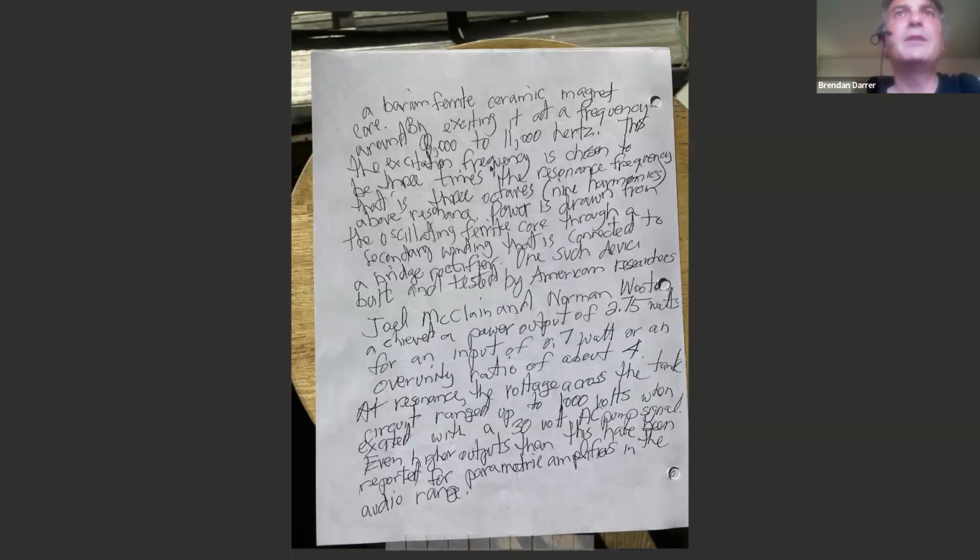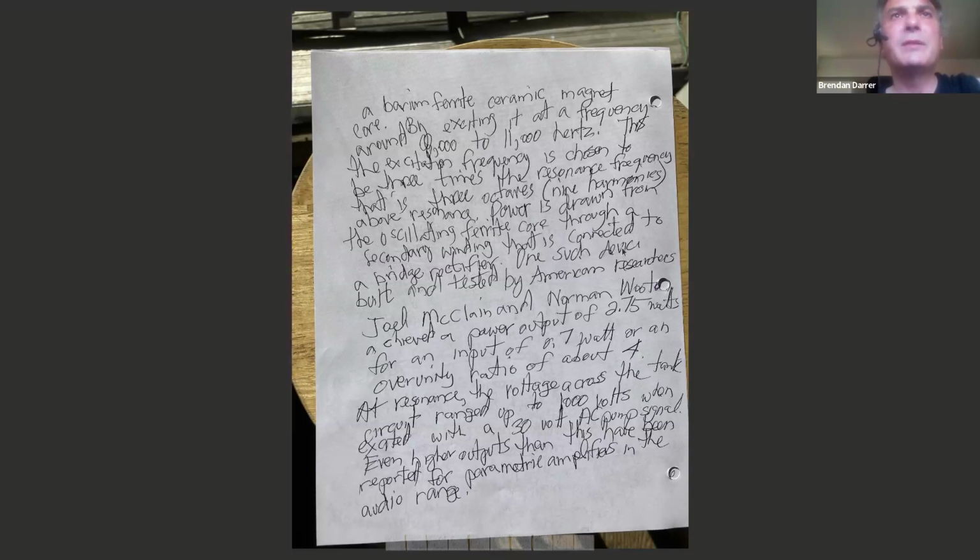This excitation frequency is chosen to be 3 times the resonance frequency, that is 3 octaves, 9 harmonics above resonance. Power is drawn from the oscillating ferrite core through a secondary winding that is connected to a bridge rectifier.